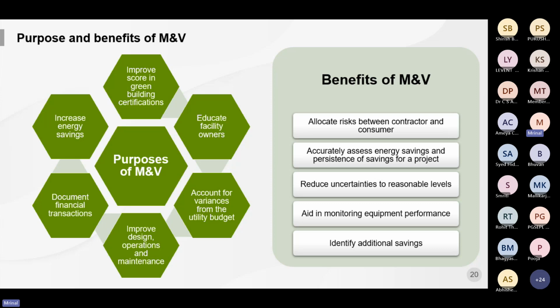In many cases, when we visit many industries or buildings, they install the energy saving equipment and they don't measure the energy consumption of the new equipment on a regular basis. They say, yes, we have just installed it, it is giving saving, I'm not worried about the performance of the equipment. But this is a very important factor when you implement any ECMs, energy saving measures.